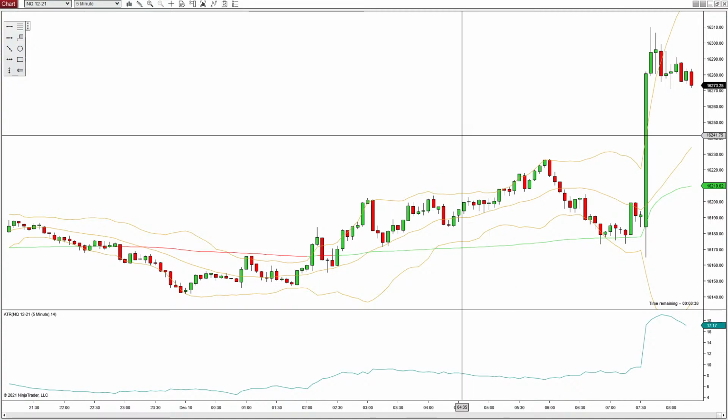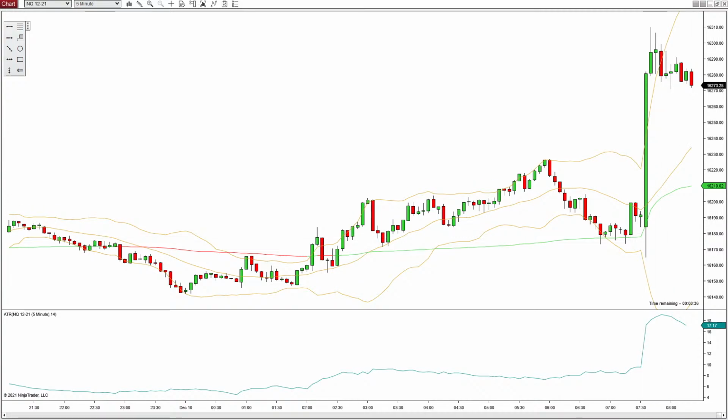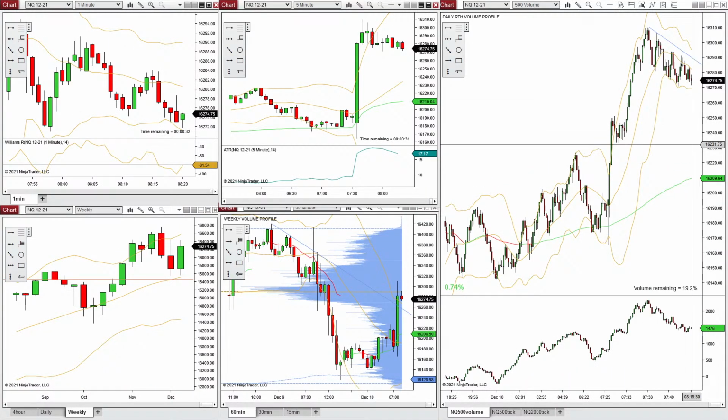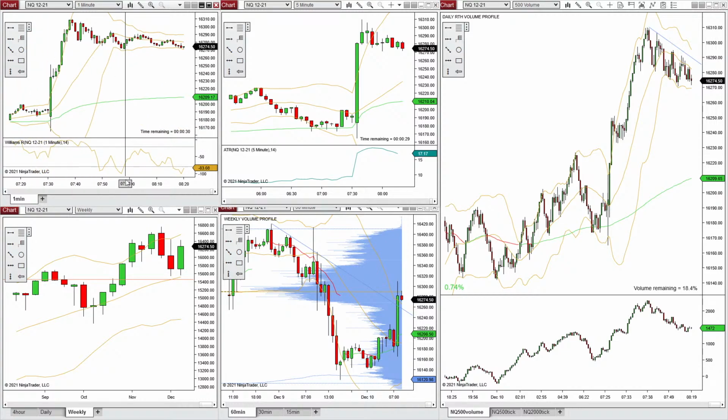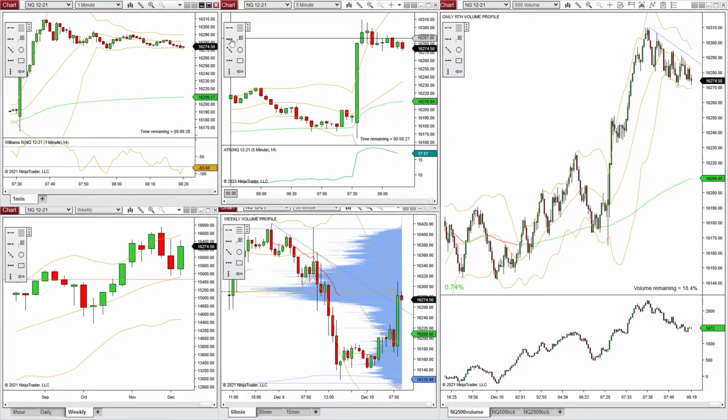Trying to wrap your head around why, if inflation surged, Nasdaq is moving up. Some of it could be that maybe the economy's not as overheated as before. Who knows why the price is doing what it's doing, but it's doing it. I would wait for this thing to try to come back down, if this big move here is on news.